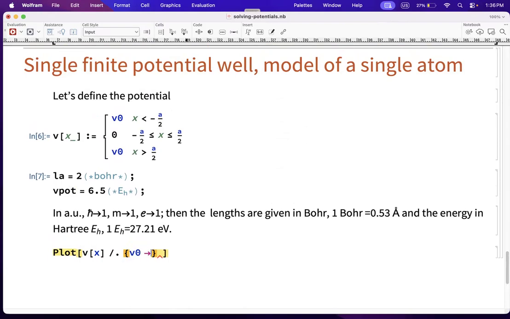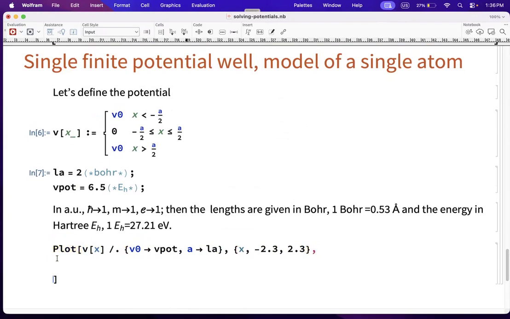I'm going to put V pot, comma, and A I'm going to replace by LA. For X I'm going to put from minus 2.3 to 2.3, and now let's label the axes. So X is X.